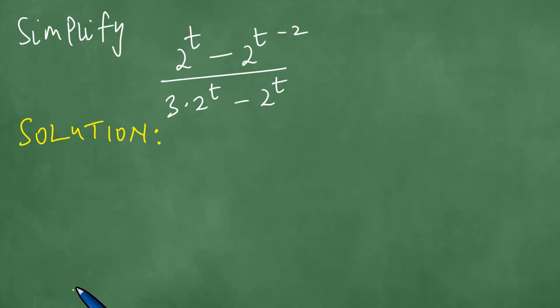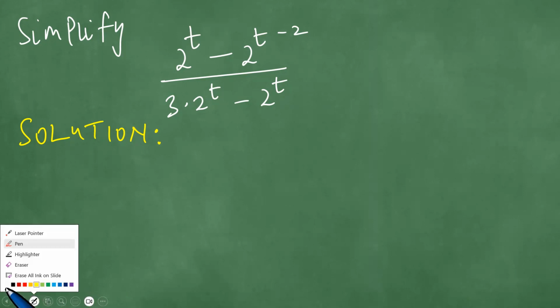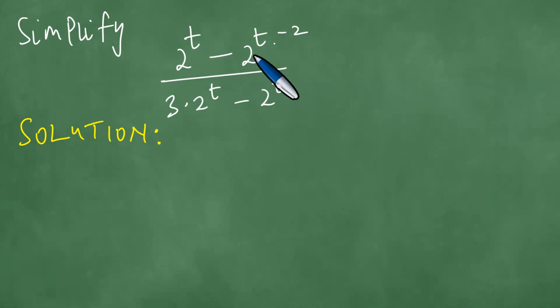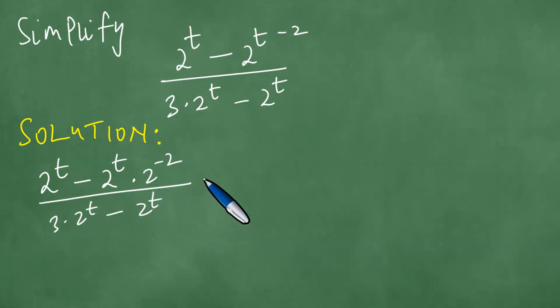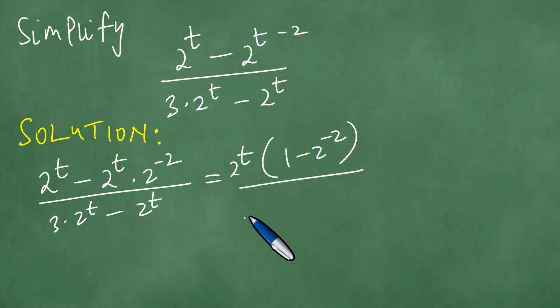I'm not sure. Okay. Always, if there's something like this, you must separate this. Because it's 2 to the power t minus 2, you must separate it. So you have 2 to the t, then you have 2 to the minus 2. And then you have this one, which is 1 minus 2 to the minus 2, over 2 to the t.